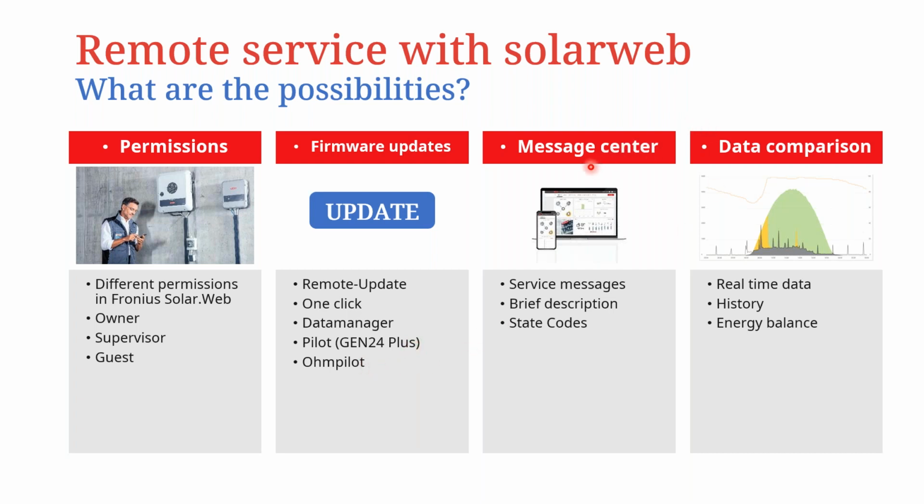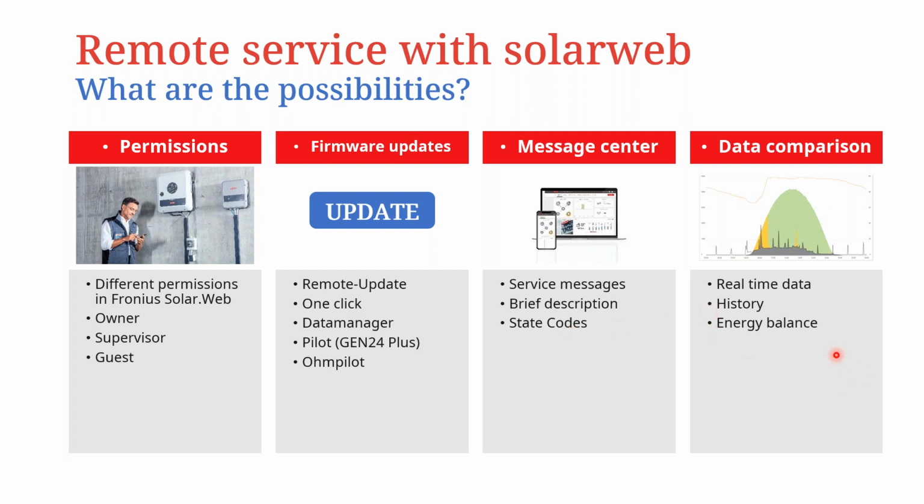In SolarWeb, we also get the possibility to access various service messages, and these service messages will come with a brief description in terms of what that service message is about, as well as an analysis of all the state codes that the inverters are setting to SolarWeb.